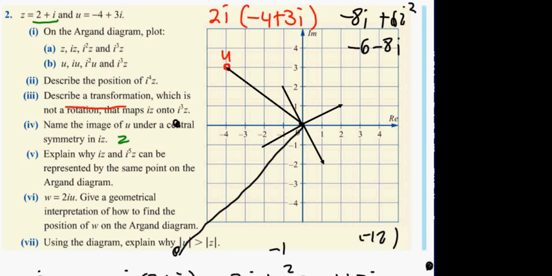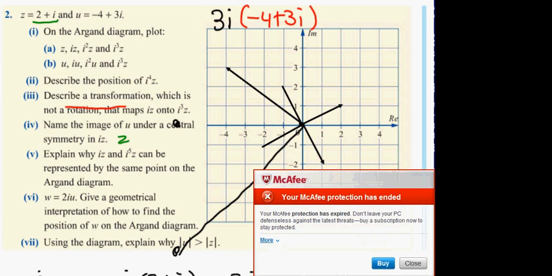I'll give you another example, guys. If I multiplied this number by 3i, what would happen? 3 times as long, and the i, 90 degree rotation.